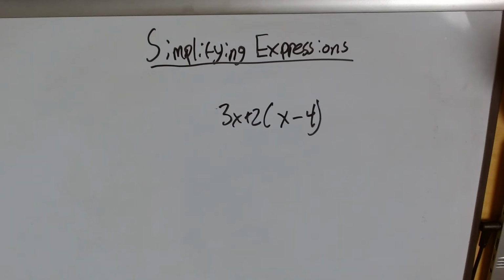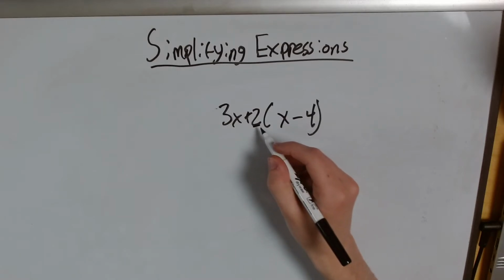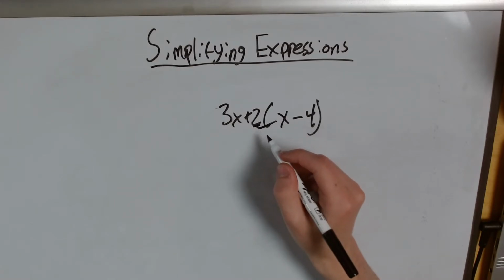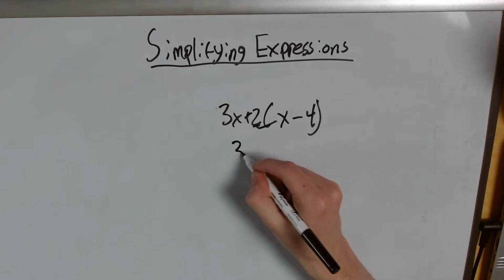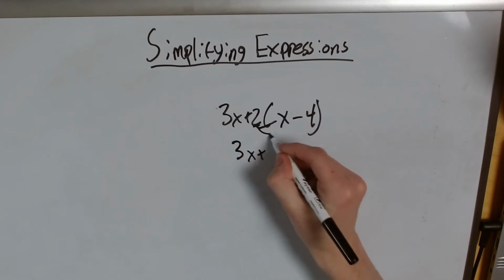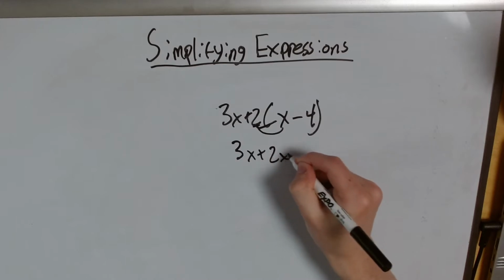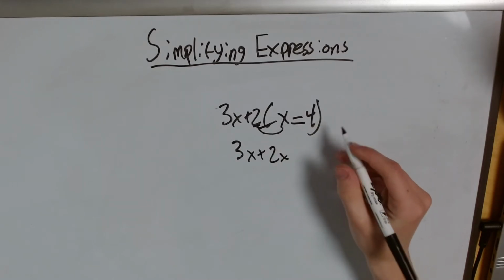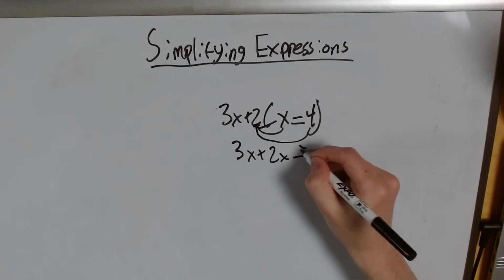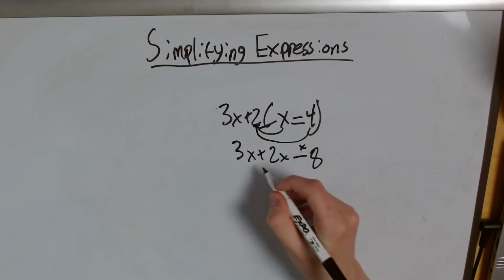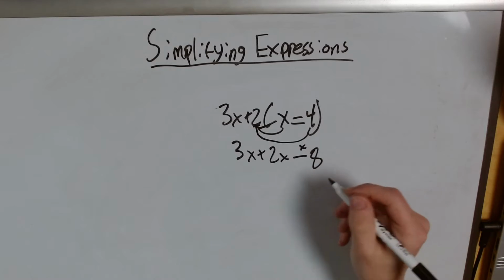We're going to have to distribute this 2 to each one of its targets. So we're going to have 3x plus 2 times x minus, because remember we always keep the sign, we just bring it down, minus 2 times 4, which is 8. So I have 3x plus 2x minus 8.